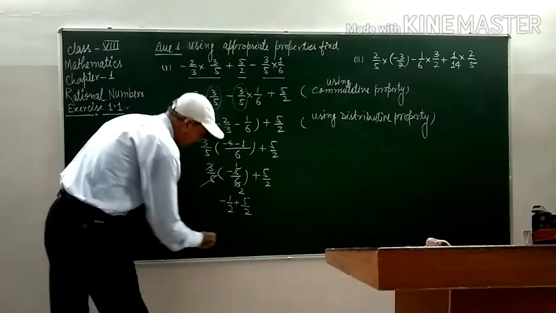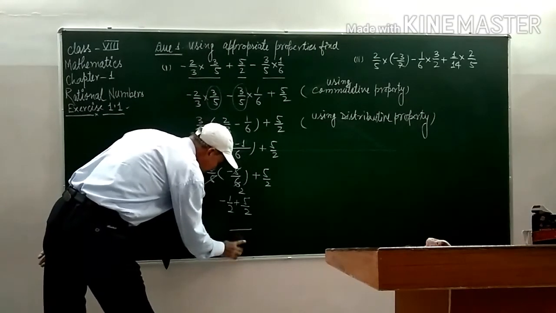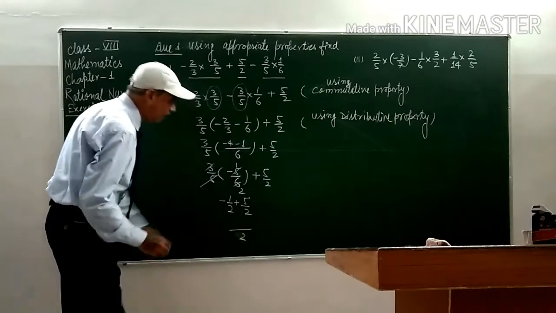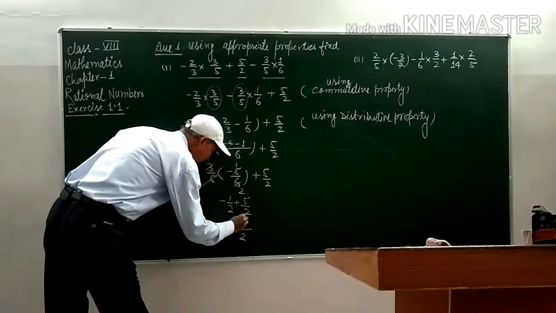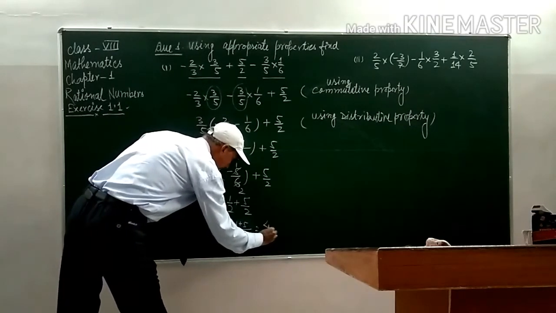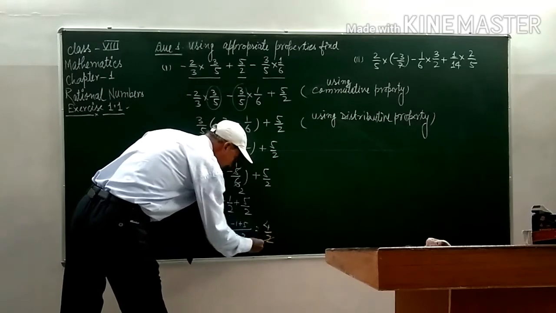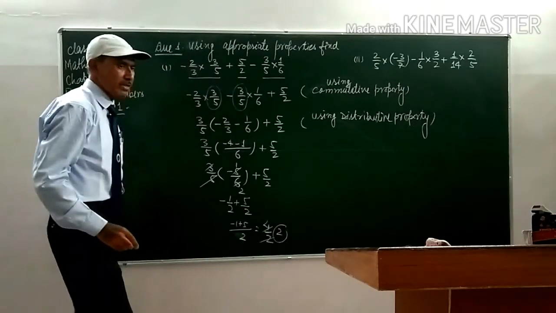So take the LCM of these two numbers, that is 2, because the denominator is equal, that is 2, and minus 1 plus 5 is equal to 4 by 2, that is 2. The answer is 2 here, students.